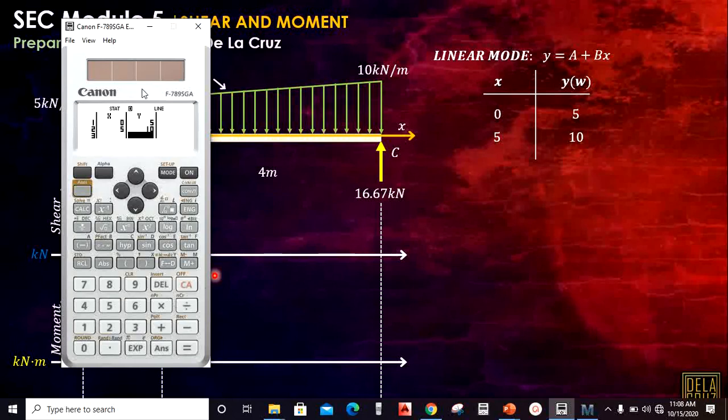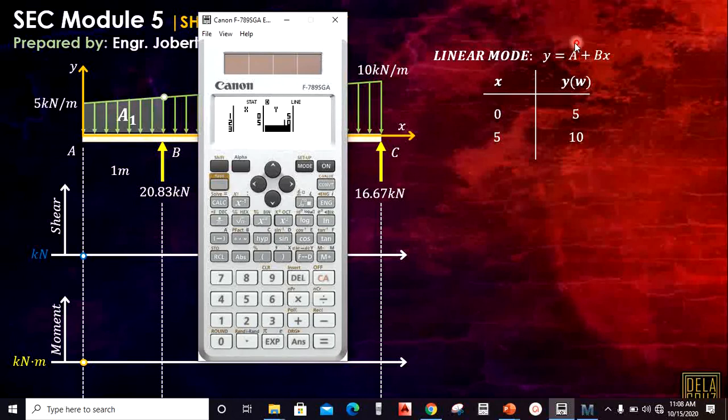After this, we get the arbitrary constants A and B. Let me just check mode 3, 2. When X is 0, 5, and 10.